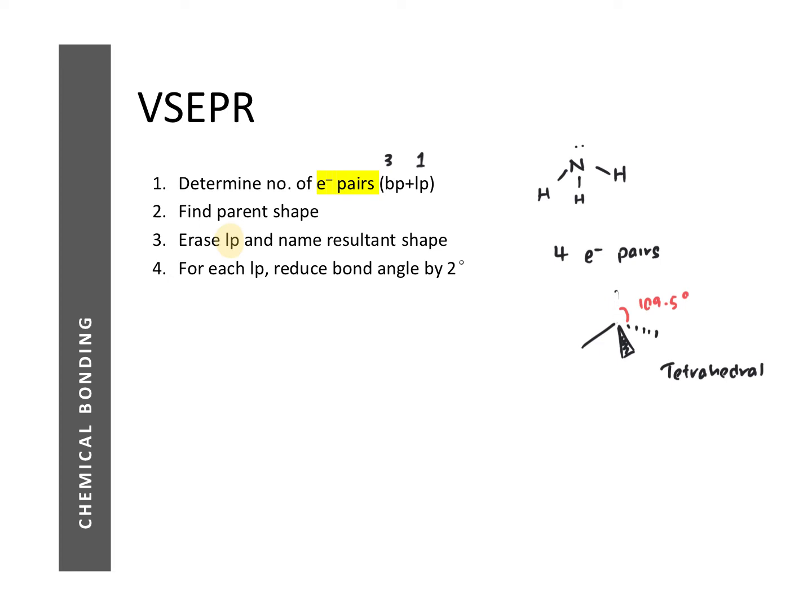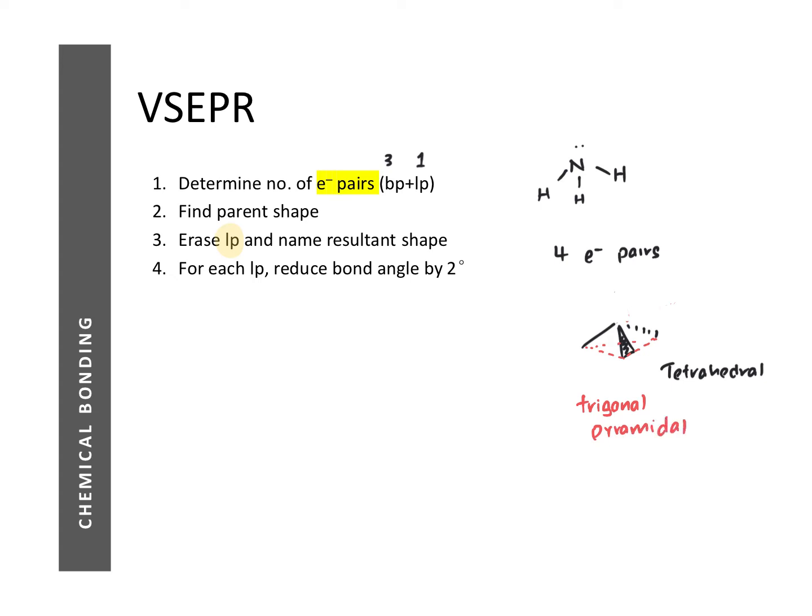So I'm going to erase the lone pair. And if you look at the remaining shape, how would you name something like this? It looks like a pyramid with three faces. So how do we name it? We call it trigonal pyramidal.